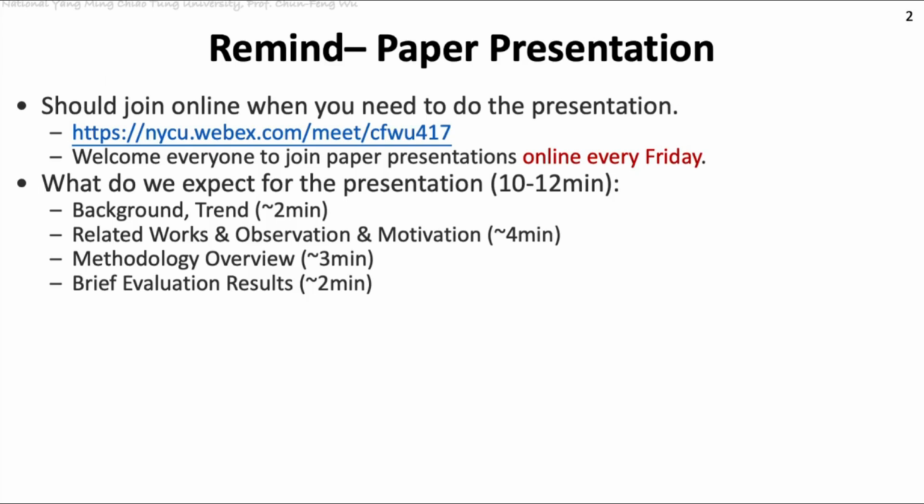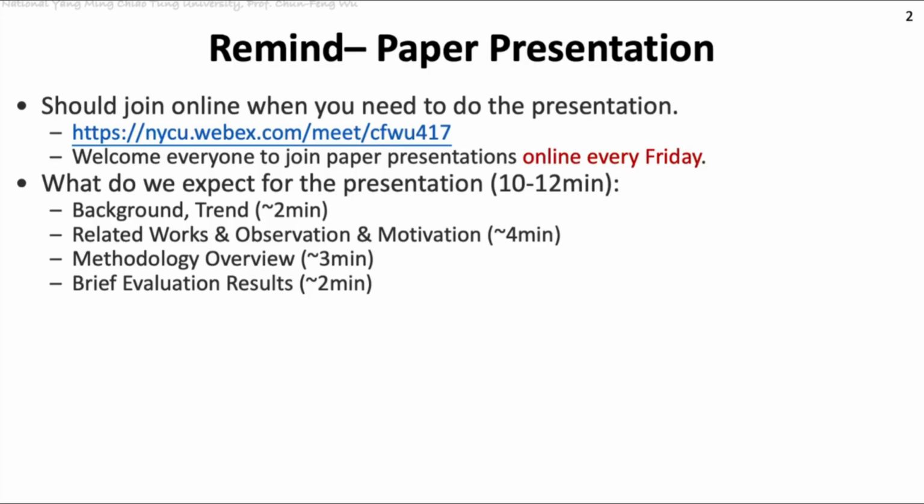You should only present those, because you only have 3 to 4 minutes. And then for the observation and motivation: what's the difference between this work and those prior works? What motivates this work to do this research? Why not just use the prior results? This could be included in your observation and motivations.